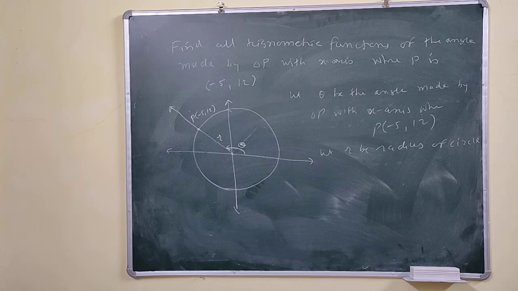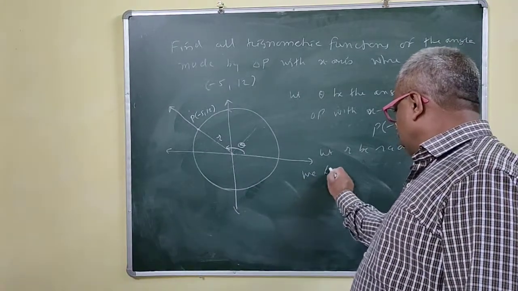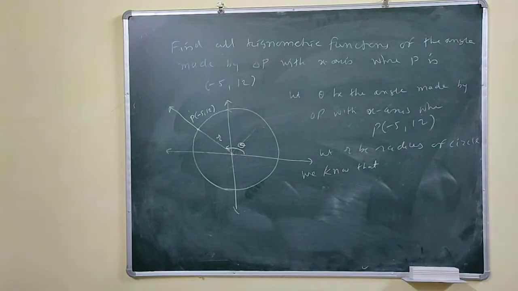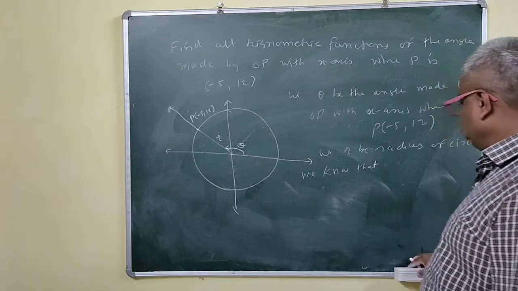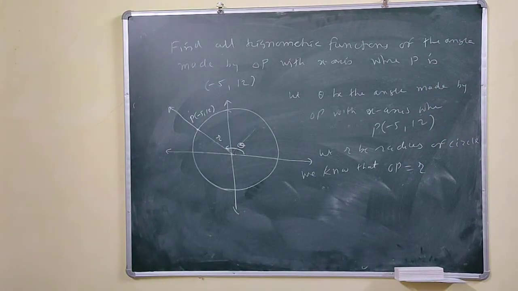Then we know that, how can we find the radius of the circle? OP is the radius of the circle, right? So we know that OP is equal to R.